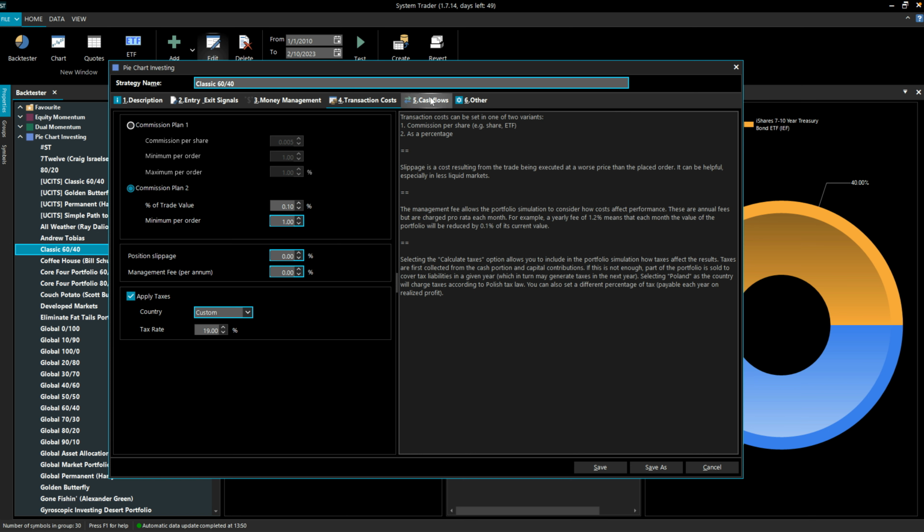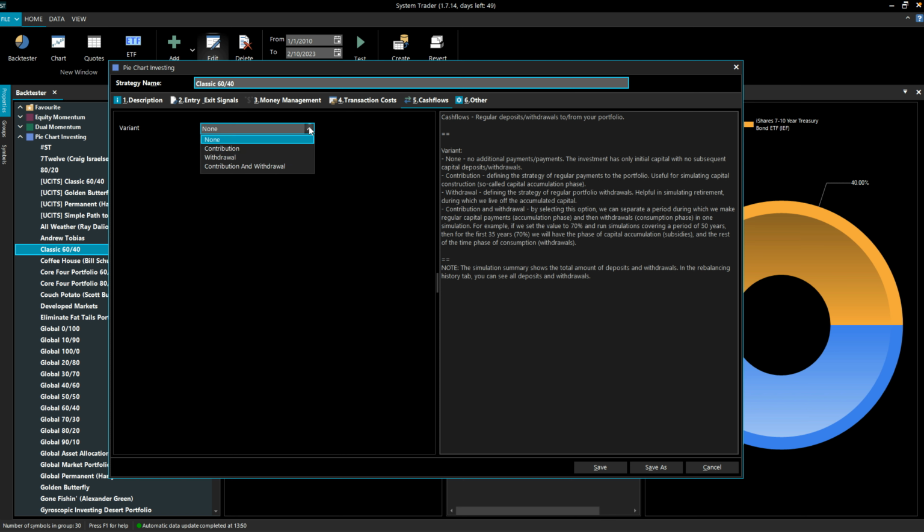Okay, cash flows. So basically you can say that you have a starting capital, let's say $100,000, and you're not making any contributions or any withdrawals from the account. But typically, most of the people have two phases of their portfolio. They build the capital. They are during the so-called accumulation phase, where they contribute at certain intervals, let's say monthly or on an annual basis, to that portfolio. And then they are retiring, so they are making withdrawals from that portfolio.